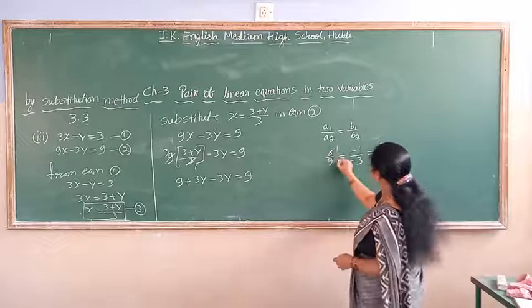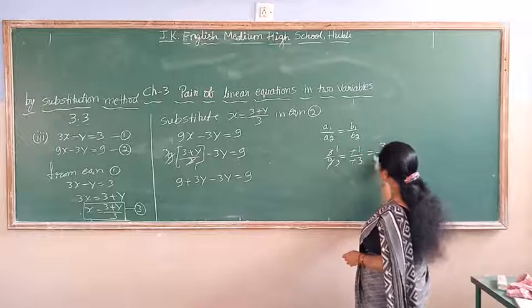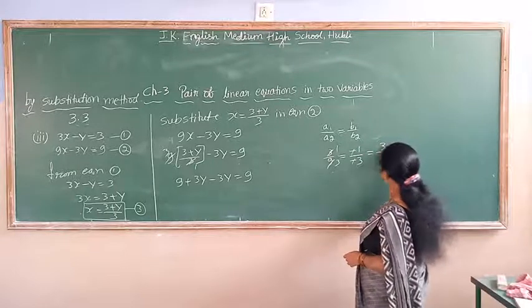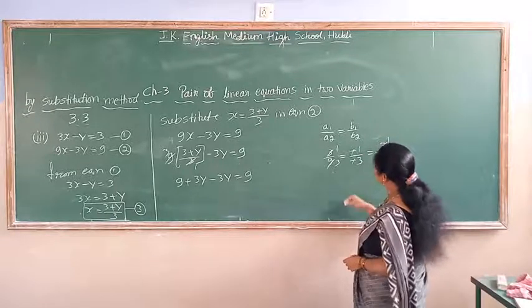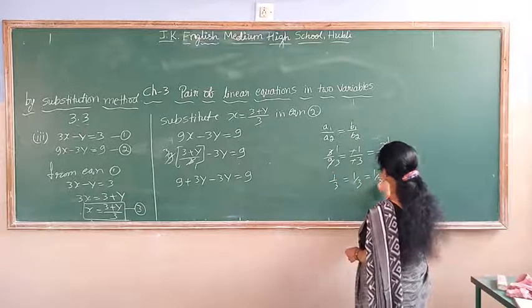So 1 by 3 is equal to 3 by 9, which is 1 by 3.